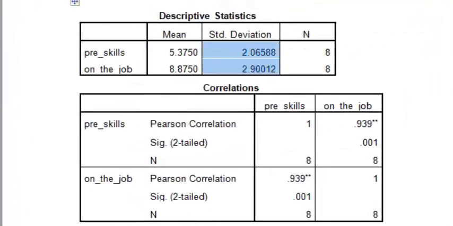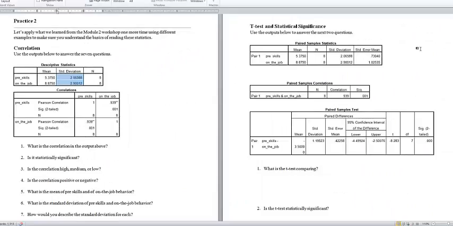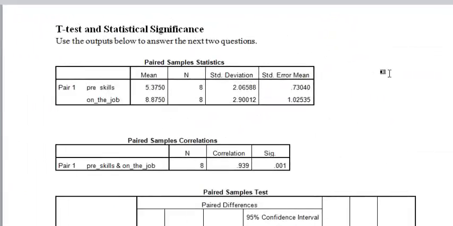And we see the standard deviation for each located there. Finally, how would you describe the standard deviation for each? And we can see that if this is the mean and it's only moving by 2, there's some variability, but not a lot. So now we're going to move on to one more practice with the t-test and statistical significance.